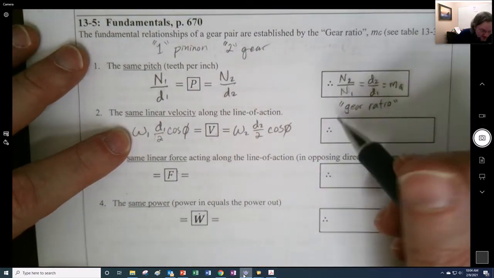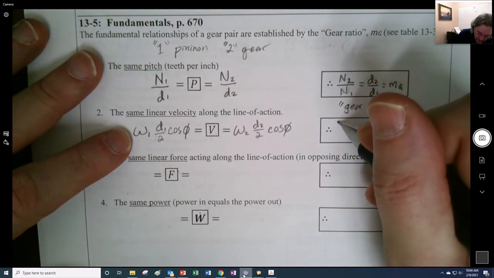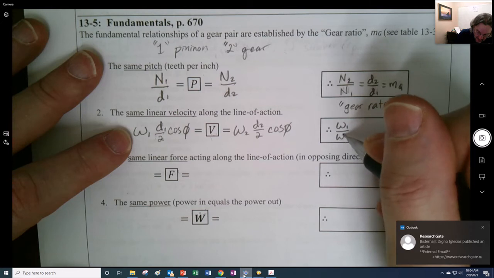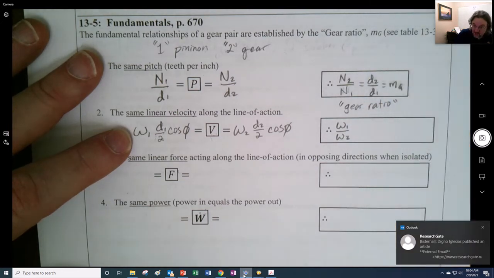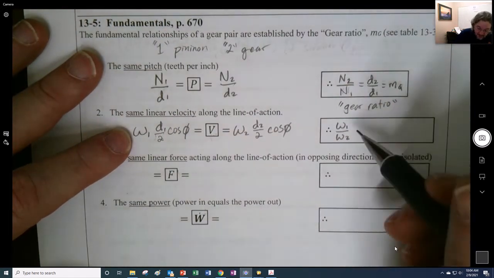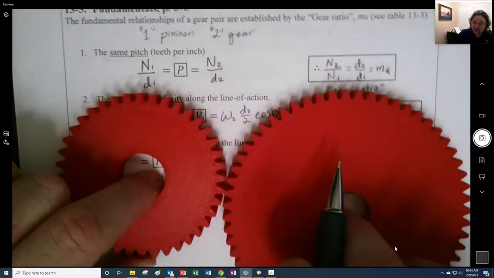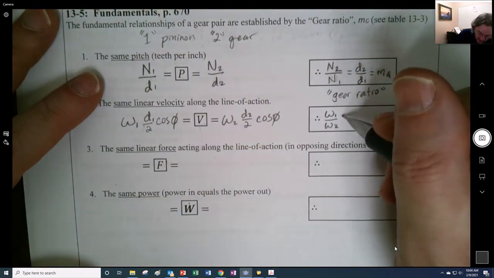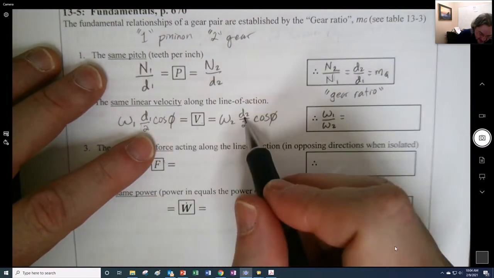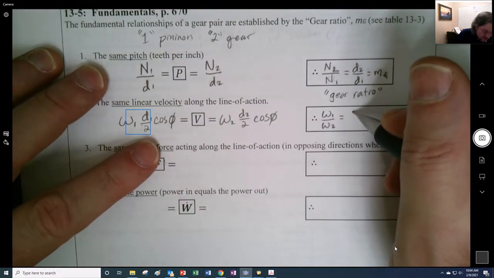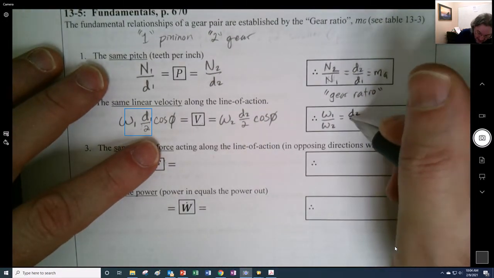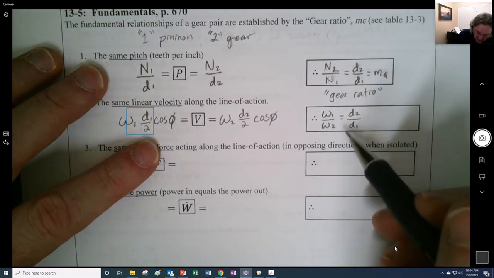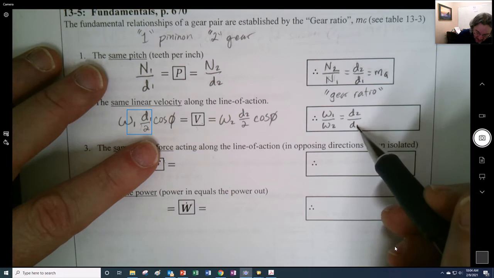But the point on this one is these ratios, right? If we take omega 1 divided by omega 2, this is the speed ratio. That's an important trait of the input speed versus the output speed, something we want to know. We could also see that it's related to the diameters right here, and there's an inverse relationship, right? So a faster one has a smaller diameter.